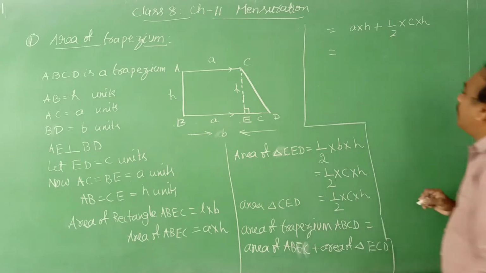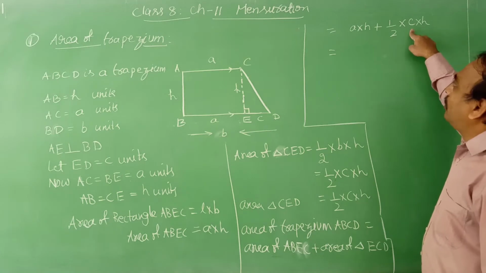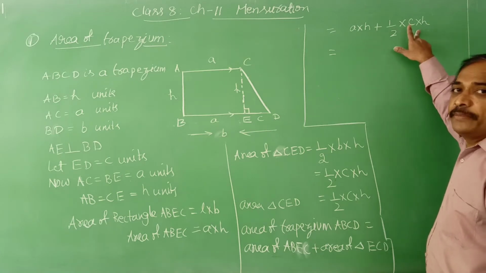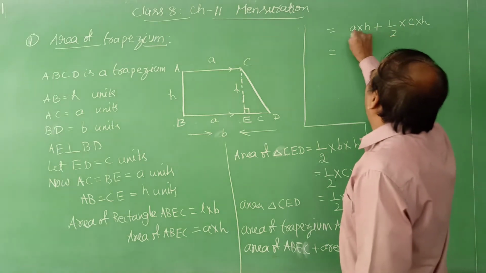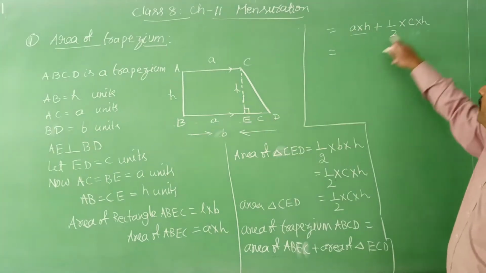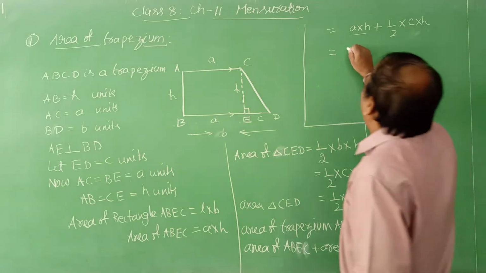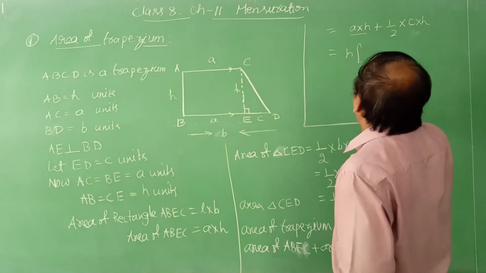So in this, what is common in both of these? Here it is A into H, the area of rectangle ABEC, and half C into H, the area of the triangle. In these two, H is common, so I am taking H outside.